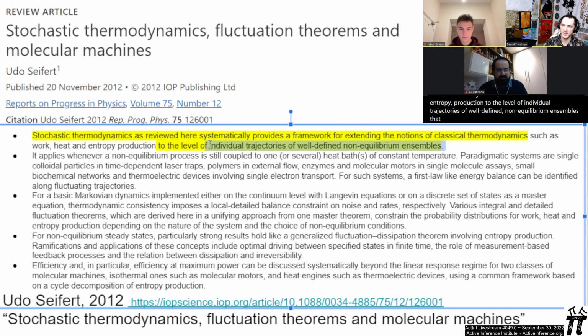That is going to be a key move and theme, which is a move from a kind of undifferentiated mass action or mean field approximation physics, and finding compatibility between that kind of an averaging and recovering that averaging outcome via individual trajectories of well-defined non-equilibrium ensembles.